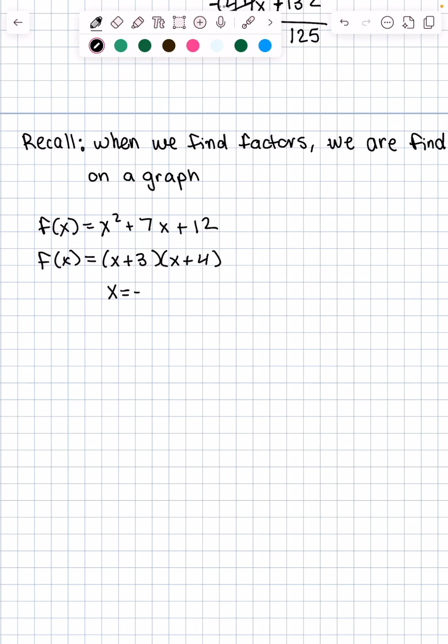I'd get x is equal to negative 3 and x is equal to negative 4. Well, on a graph, obviously this is a parabola, right? So on a graph, my zeros, my x-intercepts, would be at negative 3 and negative 4. And so my parabola would look something like this.